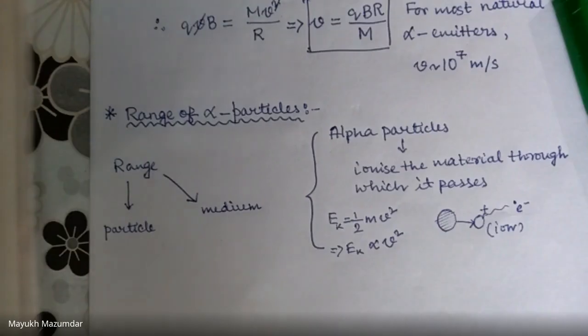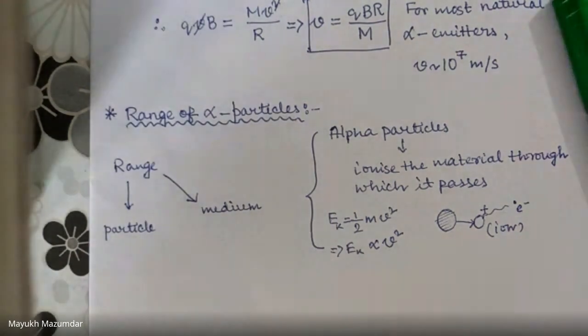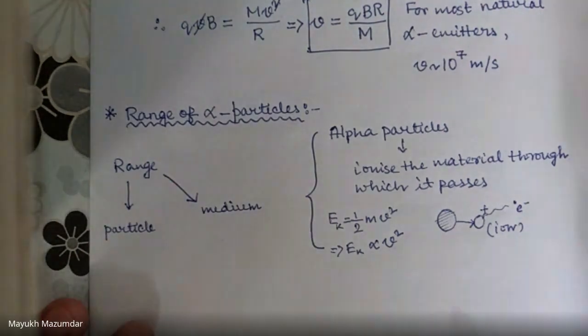Now, how is this range actually dependent on the particle, that is the velocity of the particle rather? This could be understood by a law put forward by Geiger. GM counter you have studied, Geiger Muller counter. That same person, Geiger.